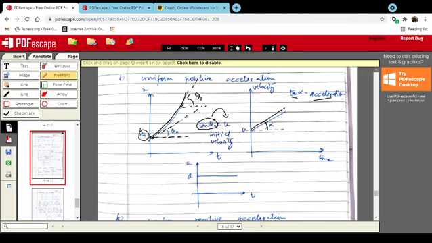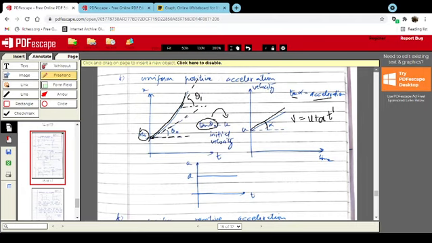This graph comes from the equation v is equal to u plus at, and this is a standard equation. When a graph is supposed to grow linearly, there is t to the power 1. When the graph is supposed to grow in a parabolic fashion, then t should have a power 2. So v is equal to u plus at is represented by this particular graph.